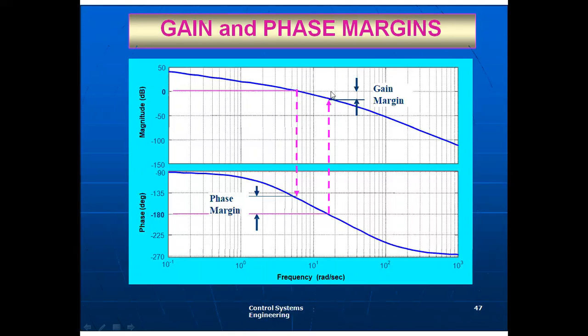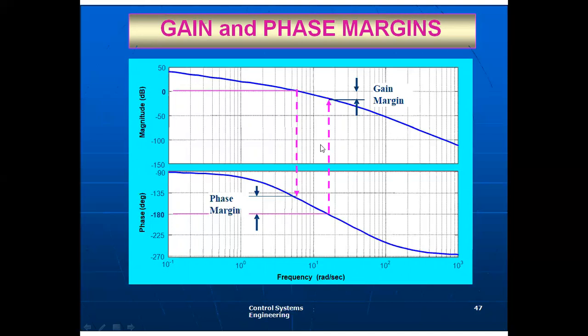You can see the magnitude difference between this point and 0 decibel. This will give the gain margin. Then corresponding to 0 decibel, you extend this line to the phase angle plot. It meets at one point. Between this point and -180 degrees, the phase angle difference will give the phase margin, right?